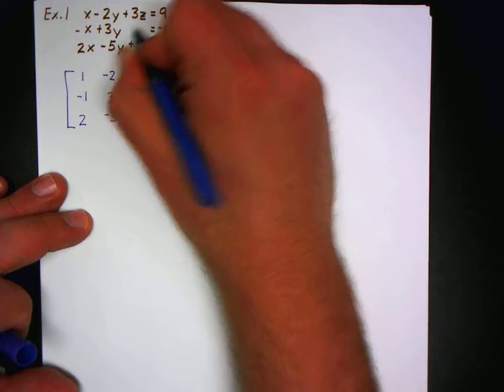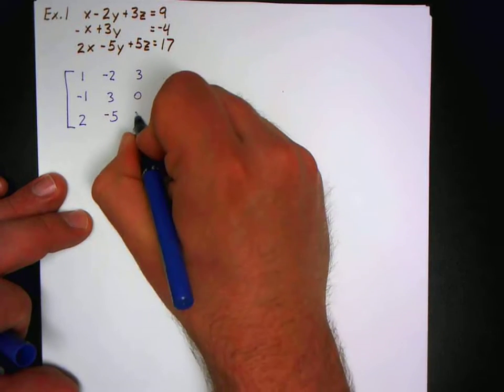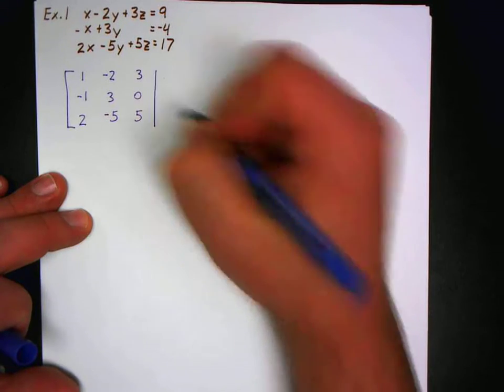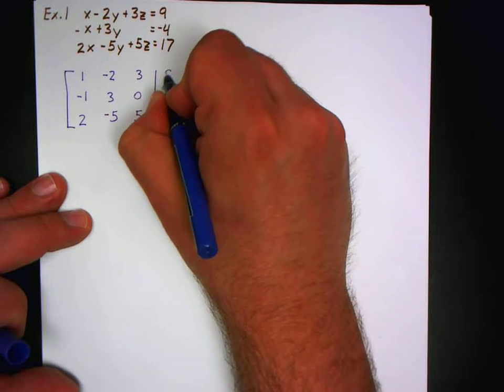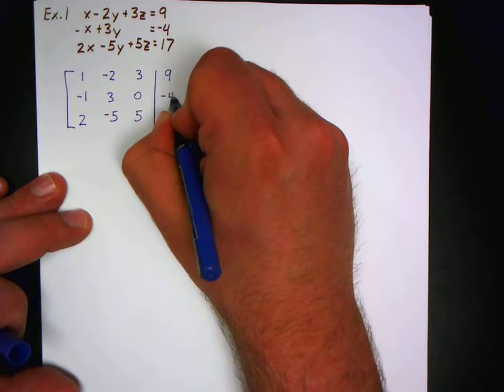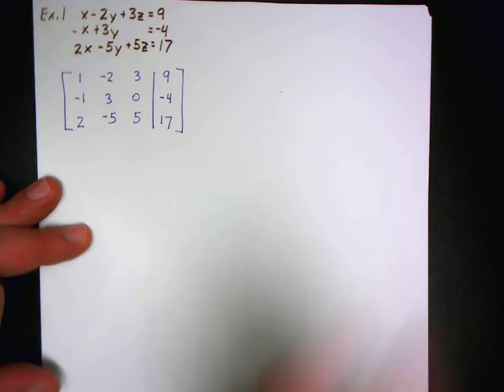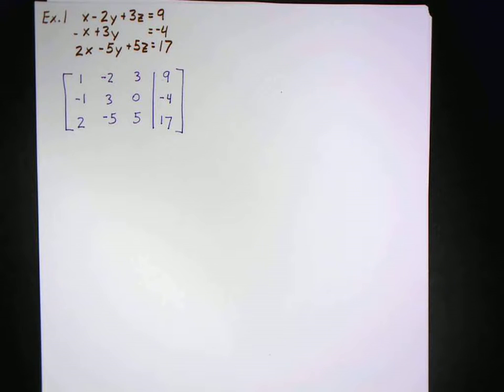Now, if a z is not there, that means its coefficient is 0. Put the line for our equal sign, and then we have 9, -4, 17. For the second equation, do you need to put a 0 there? Yes.